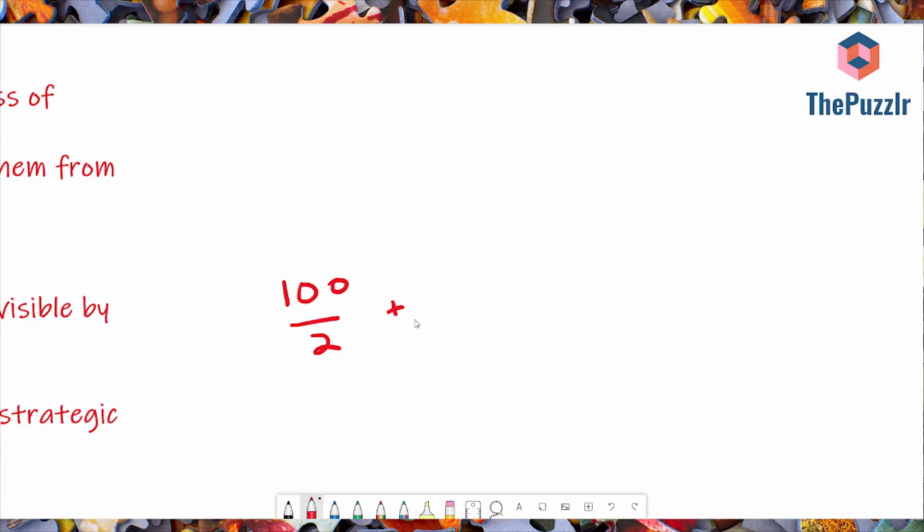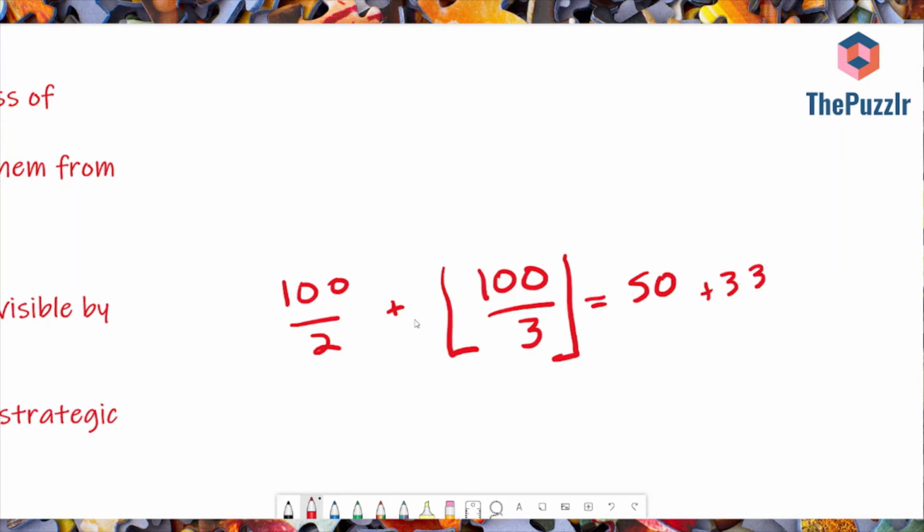And then for 3s, that's going to be 100 over 3. Well, this is not an integer, and we're just going to round down, right? There's 33 numbers from 1 to 100 that are divisible by 3, namely 3, 6, all the way to 99. You can actually put the floor function here if you want to be exact. But 50 plus 33 gives us 83.